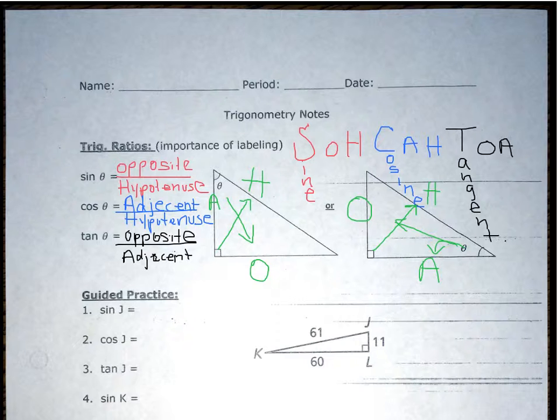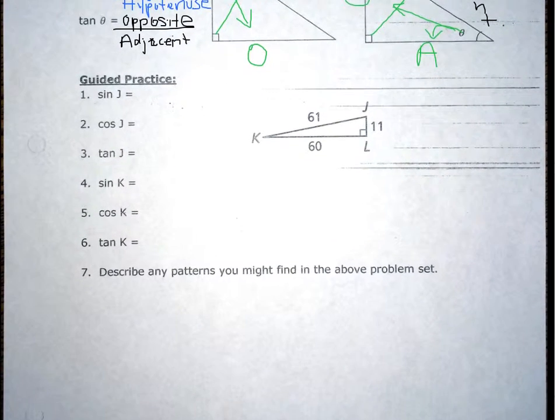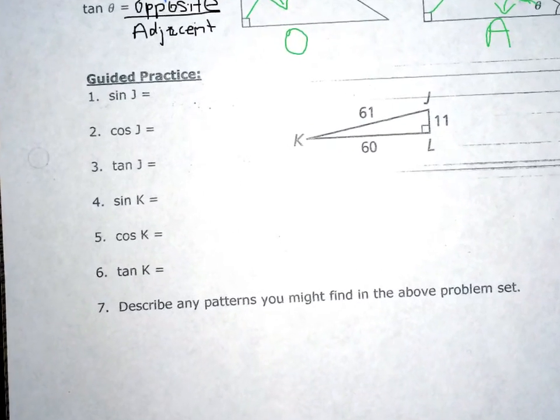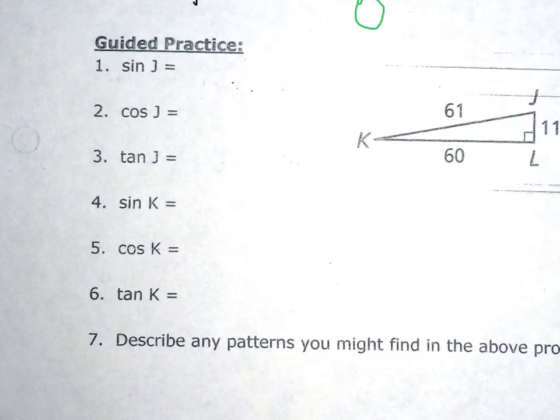Now, let's go ahead and go with a guided practice. First of all, you have to look at the trig function that they're asking you. Here, they want me to find sine of J. So the angle that I need to refer to is J. From angle J, I need to label the triangle first.